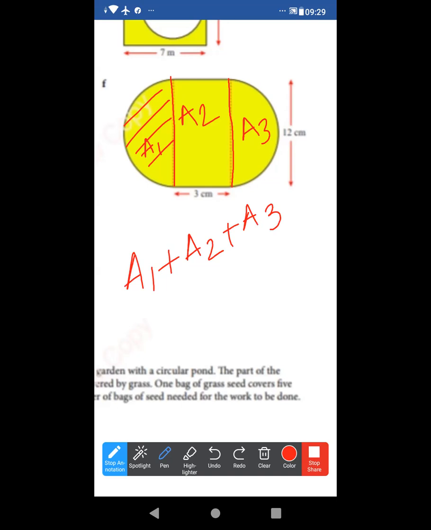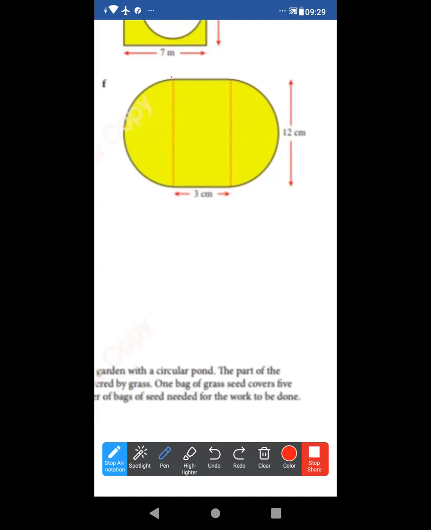Now what will be A1? Just look at this. This one is a half circle. Let me draw the figure properly. This one is a half circle, yes or no? So here also, this one is a half circle.